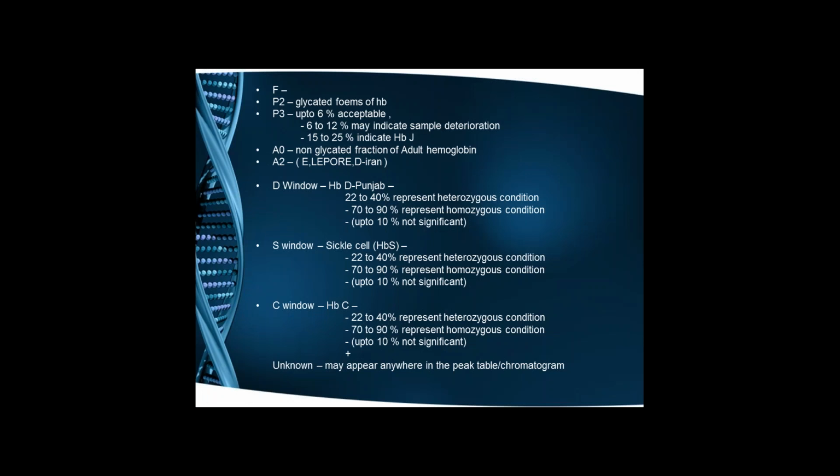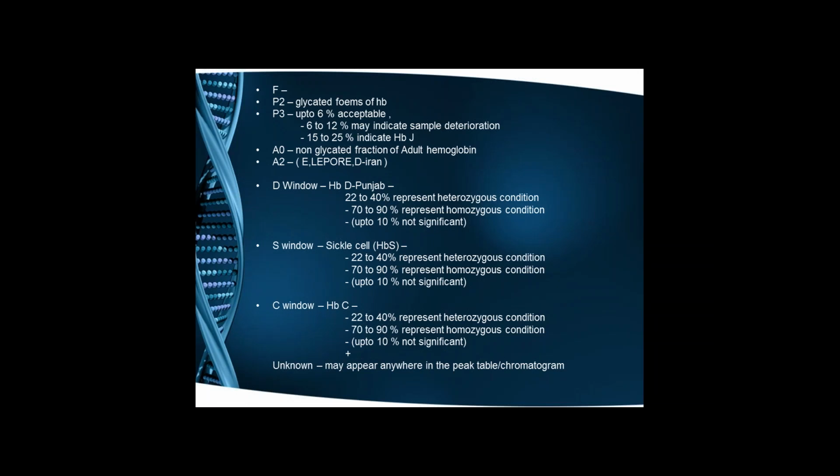What we have to remember is the percentage of various hemoglobins that are seen in the normal chromatogram. The first one that we get is F. The second, the P2 and the P3 peaks. The P2 peak is the one in which the glycated form of Hb is seen, and it is raised in most of the cases. In the case of diabetes, you have high HbA1c.